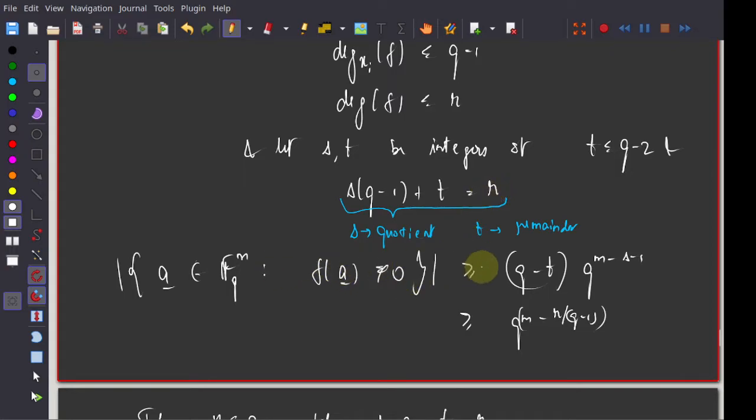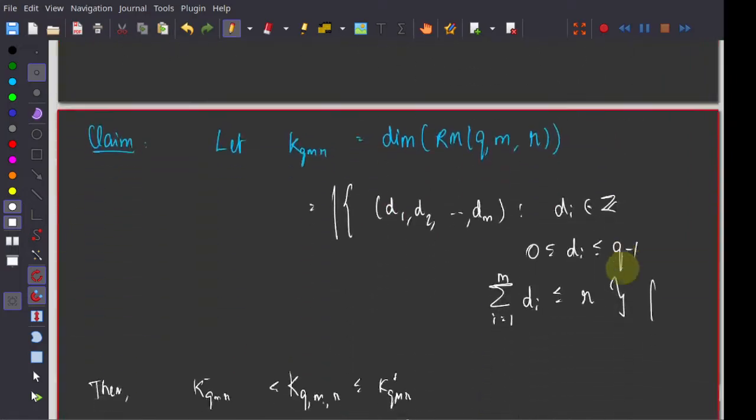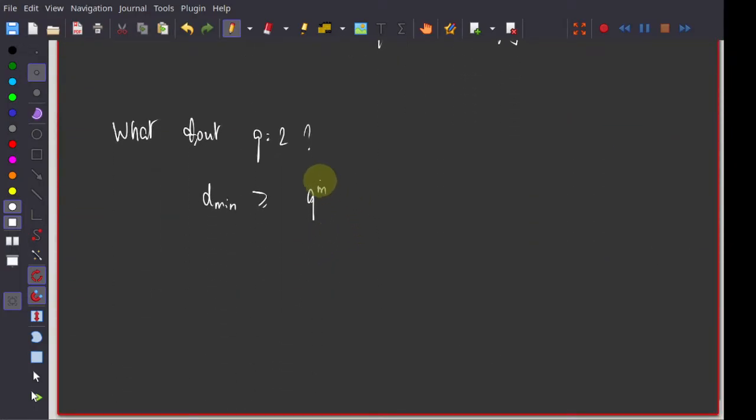So this quantity will be q times q raised to m minus r minus 1, or q raised to m minus r. So this is equal to q to the m into 1 minus q to the minus r.